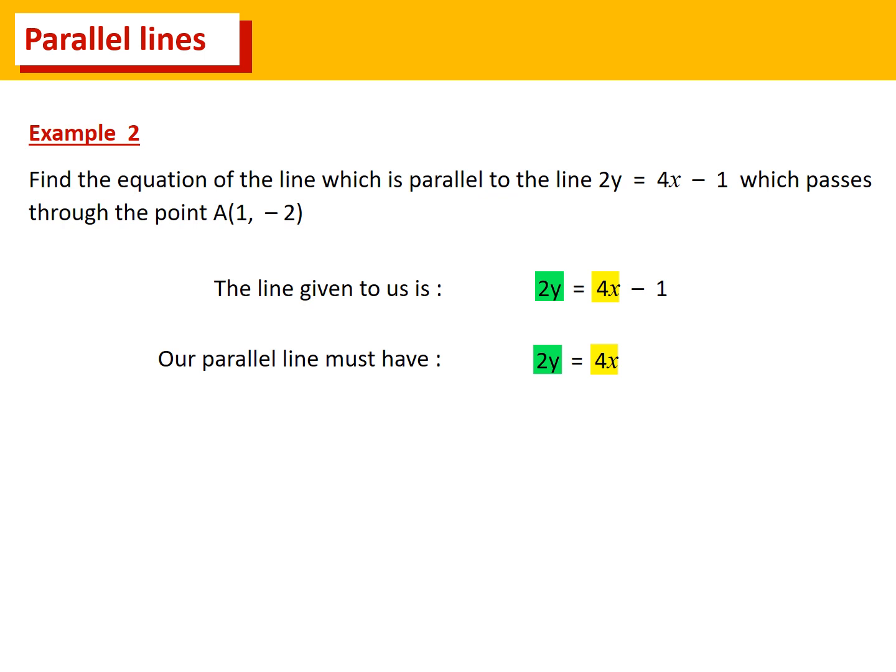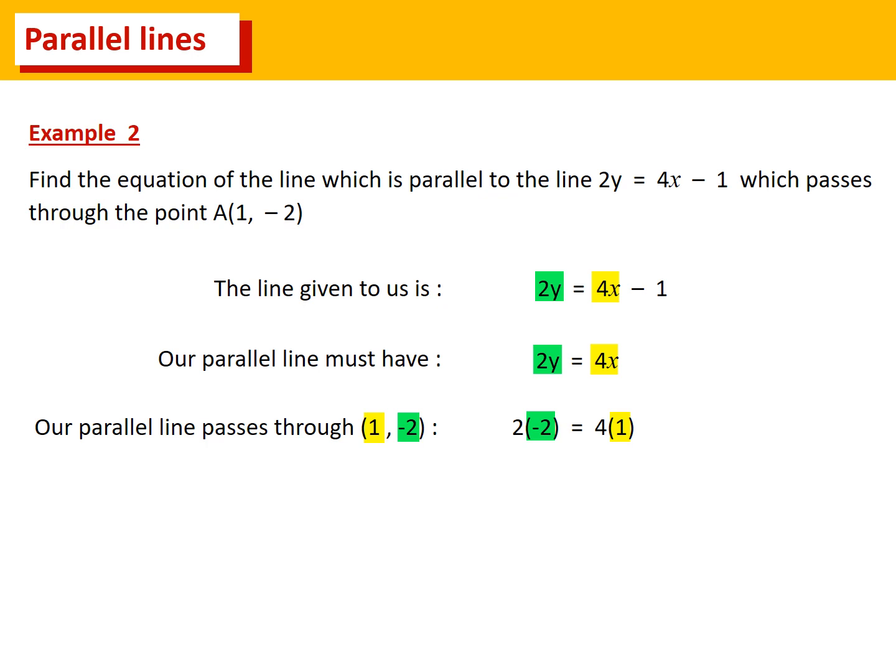We now use the information that when x is 1, y is negative 2. And we substitute those values into the part of the equation of the line that we have at the moment. So 2y becomes 2 times negative 2 because y is negative 2, and 4x becomes 4 times 1 because x is 1.